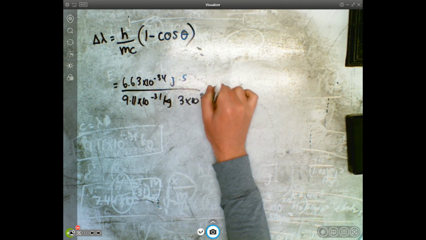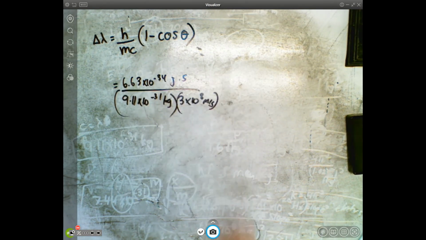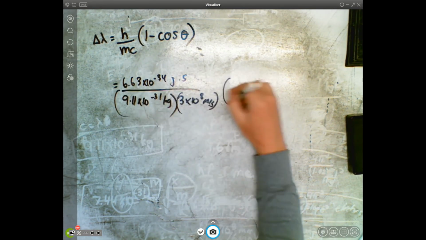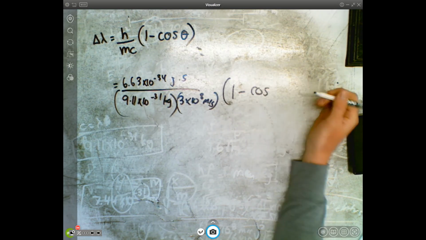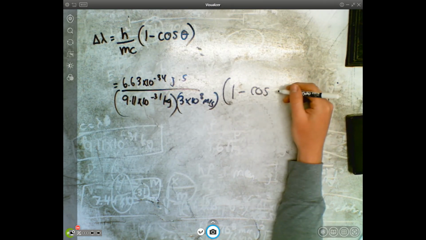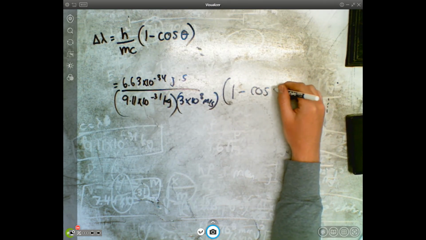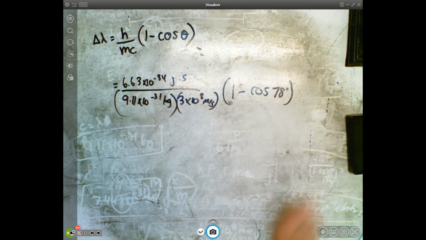So you're always going to get the exact same answer for this first part. The only thing that changes is the angle of our photon, and this one was 78 degrees. Don't worry about RCS or anything like that. Just always plug in the angle as is. I will never make it from the vertical. Just always put in whatever I give you as the angle.